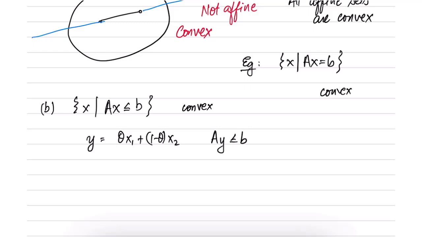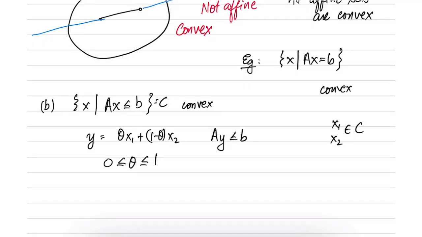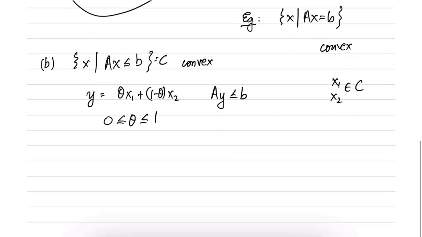In the affine case, we did not put any restriction on theta, but in this case we are saying that theta is between 0 and 1, and x1, x2 are both belonging to C, and this is C. So what is the implication of theta being between 0 and 1? It means that theta is greater than or equal to 0.